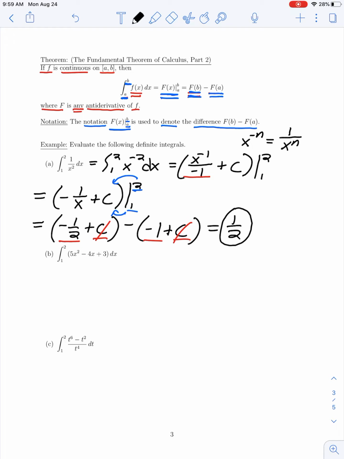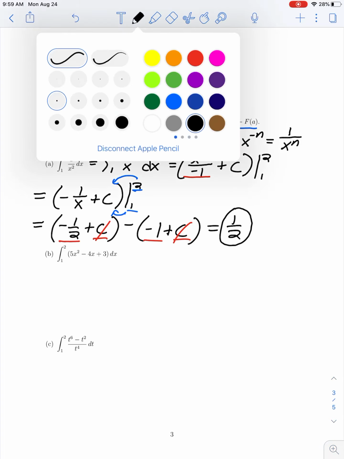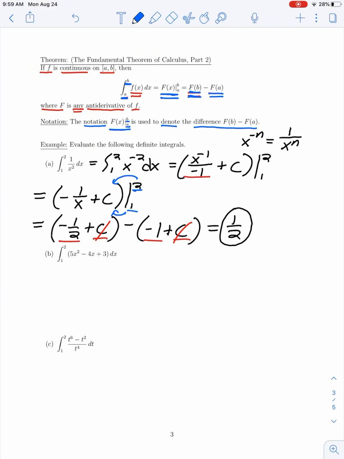So one point that I want to make in this example is that for definite integrals, we do not explicitly need to write the plus c term when we find our antiderivative. So notice in my earlier work, when I found the antiderivative of this function, I included a plus c, an arbitrary constant, which gives me the most general antiderivative.